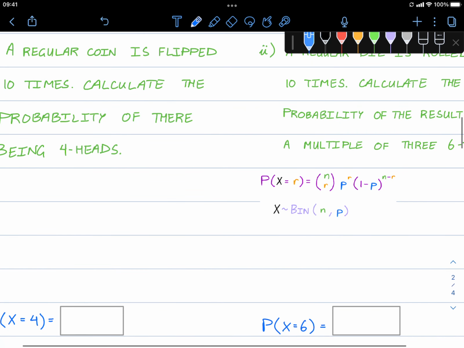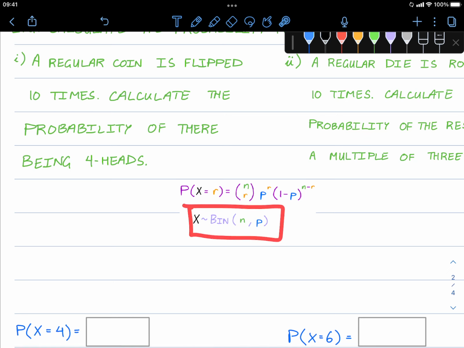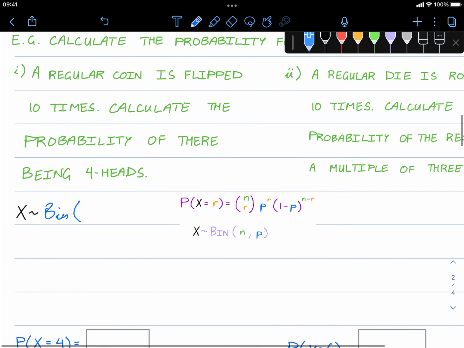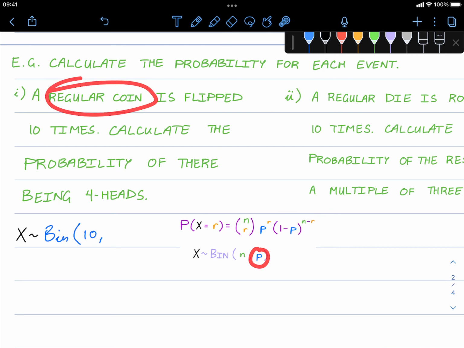So before we begin, we should actually define our Bernoulli trial or our binomial distribution. So we say that in this case, X follows a binomial distribution where we have n repetitions, so it's 10 repetitions, and the probability of one success, well, since it's a regular coin and we're looking for heads on the coin, the probability is 0.5, or the equivalent fraction if you'd like.